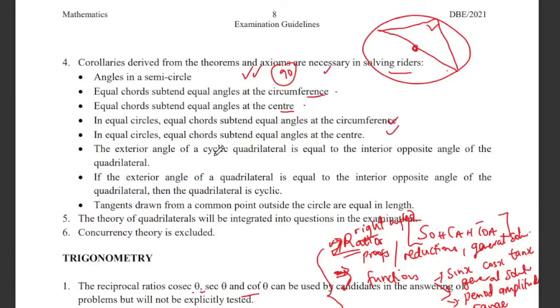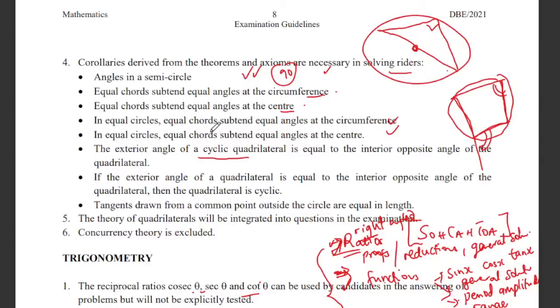Then we have the exterior angle of a cyclic quadrilateral. Now remember, for a cyclic quadrilateral to have an exterior angle, there has to be an extension of one side. So we're saying this angle here must be the same as that angle.